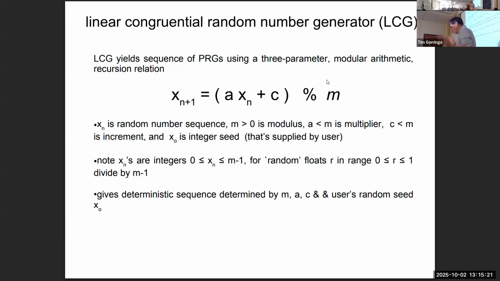You want to generate numbers from 0 to n-1 with a full period, where you are able to generate any of the numbers 0 to m minus 1. So again, it depends on the right choices now of A, C, and modulus.